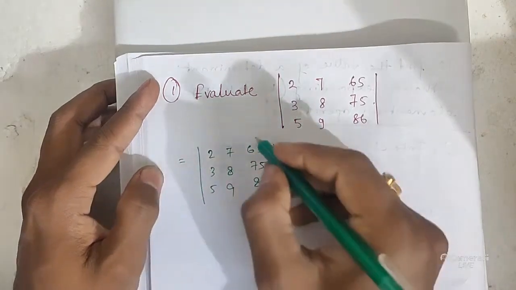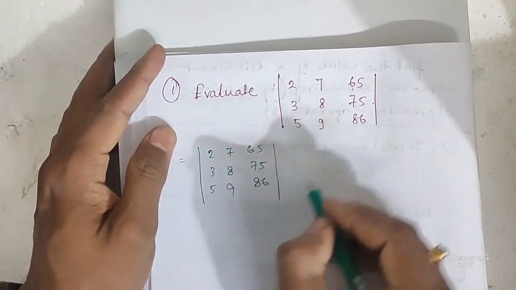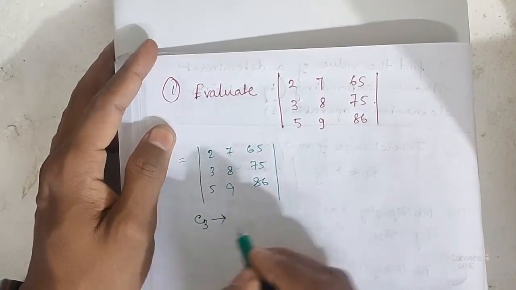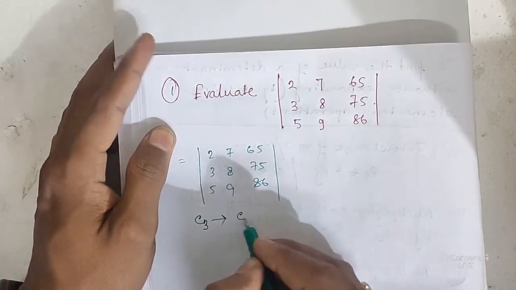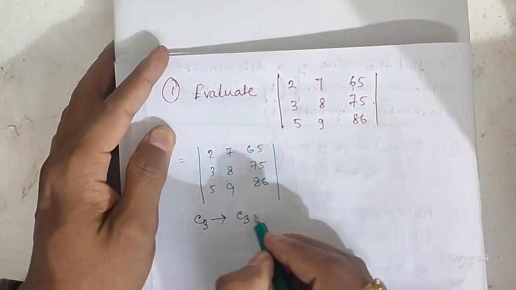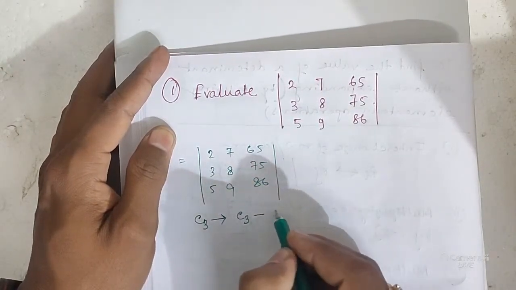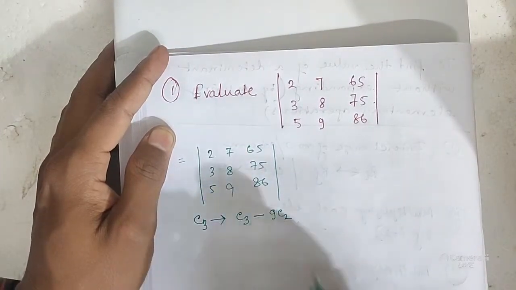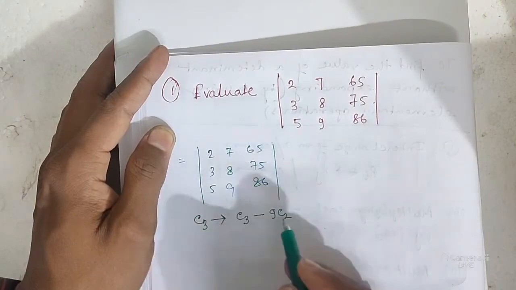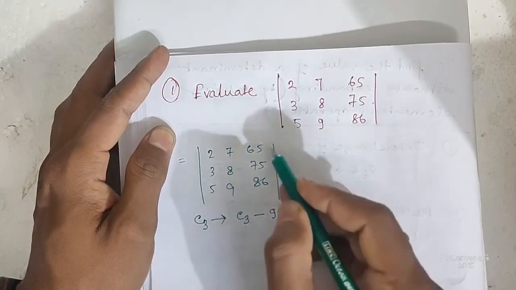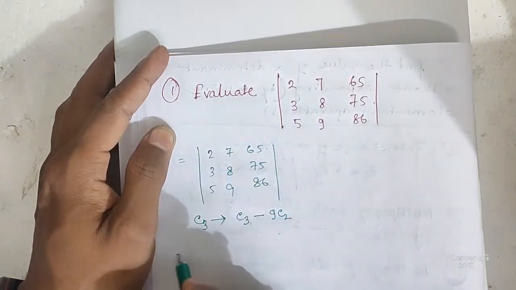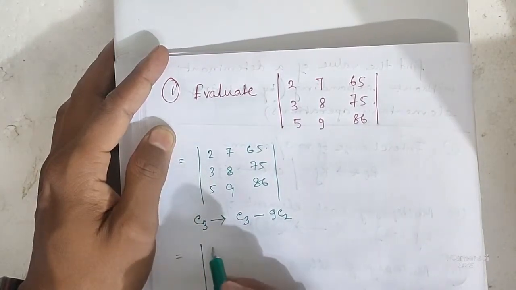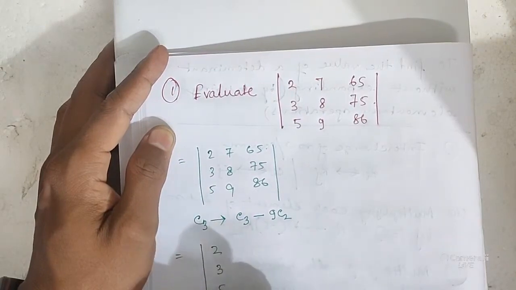If you apply here, C3, how to change C3? I am changing C3 to C3 minus 9 into C2. That means with each element of C2 we have to multiply 9 and subtract from the C3 element. So what will we get? Only C3 I am changing, that means C1 and C2 remain the same.